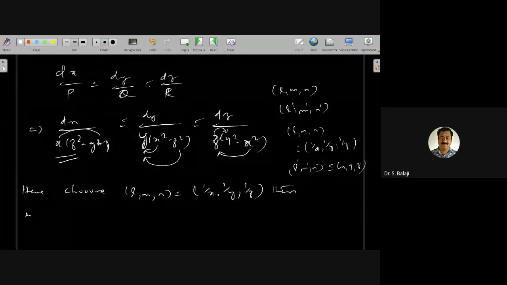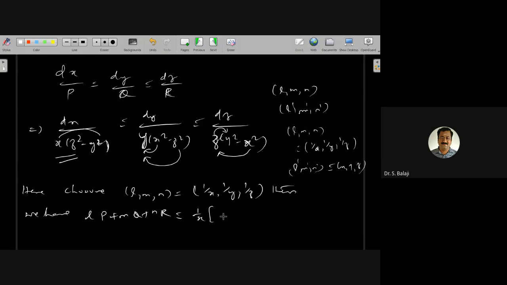Then we have LP plus MQ plus NR equal to 1 by x into x, z square minus y square, plus 1 by y into x square minus z square, plus 1 by z into square minus y square, which equals 0.